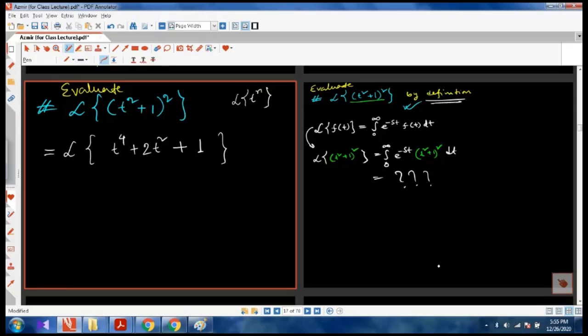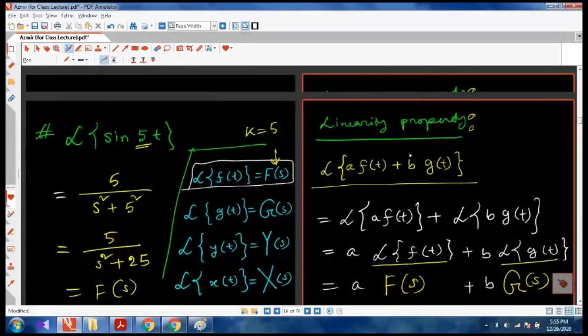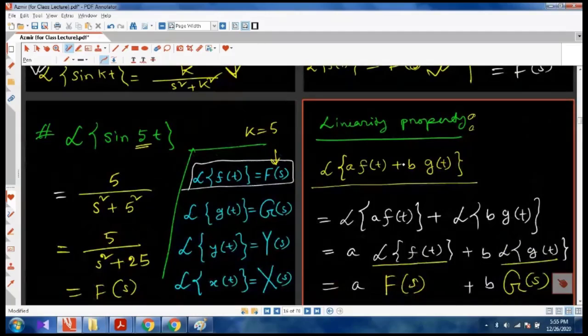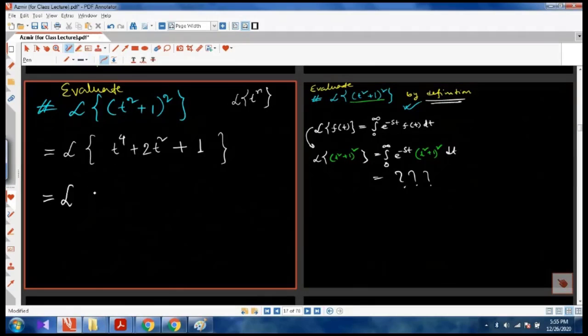And now, just before this problem, we have learned what is linearity property. Linearity property allows us to separate the summation or subtraction terms. So let's write Laplace transformation of t power 4, Laplace transformation of 2t squared, Laplace transformation of 1.